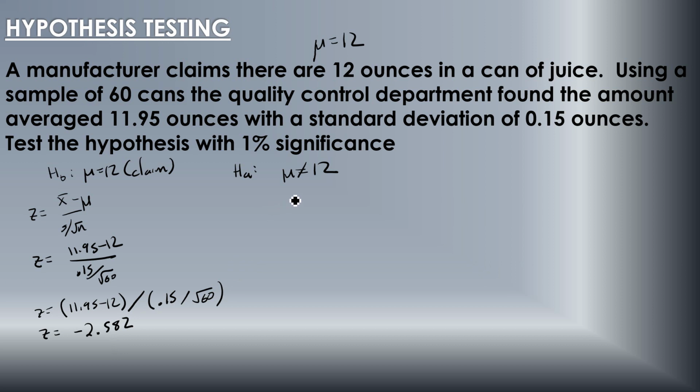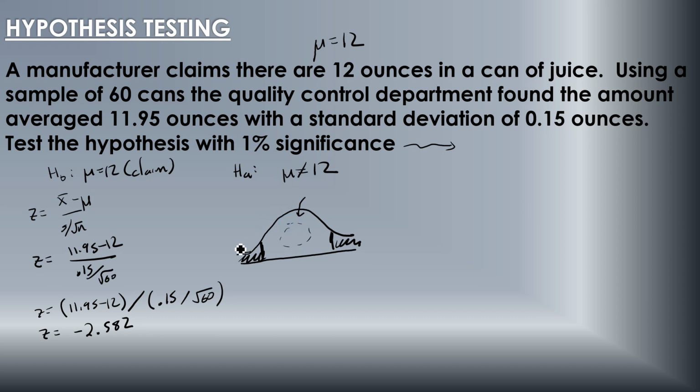So now we are going to see this is going to be a central test. Okay, so we want these values right here, and we want to know, this is our critical region. We're going to see where HA is with respect to that. So if we're doing 1% significance, our calculator, when we do our central, is going to give us this area in here.